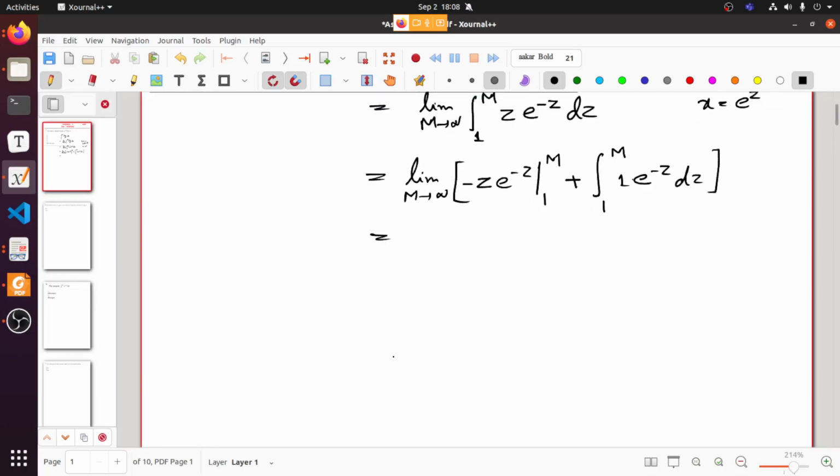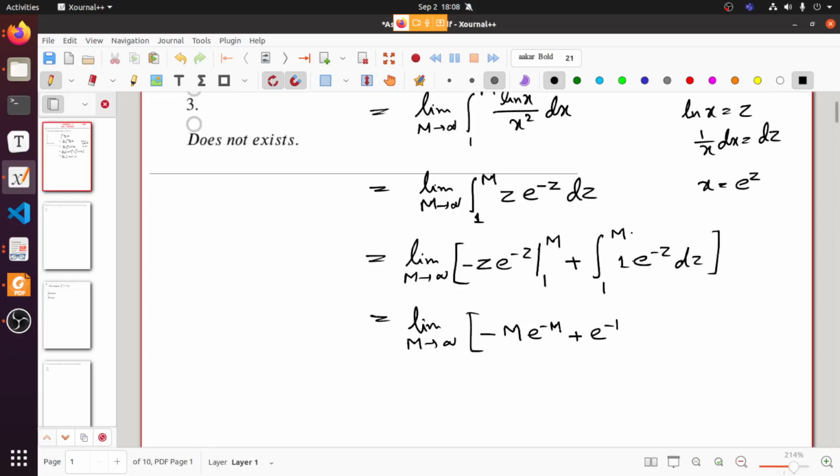Now for the first term you can put the limit, so it will become minus m e to the power minus m. Oh sorry, you also have to change the limit here.